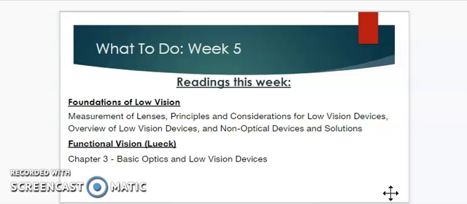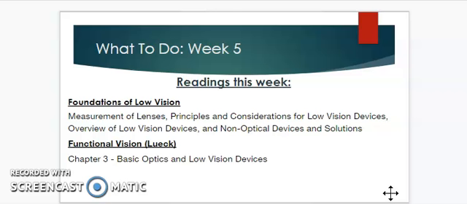What to do in week 5. Readings this week are from the Foundations of Low Vision by Con and Erin. I have attached PDFs related to the topic we will be discussing this week, which is optics and low vision devices.